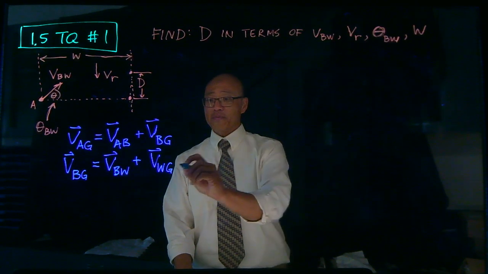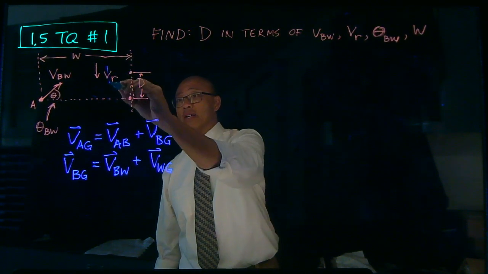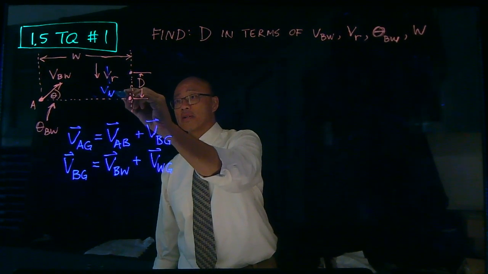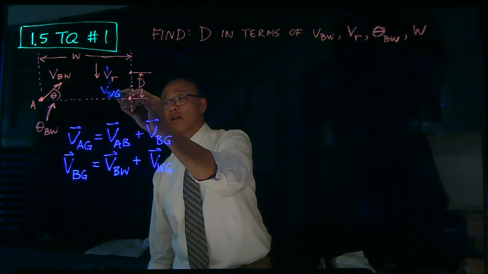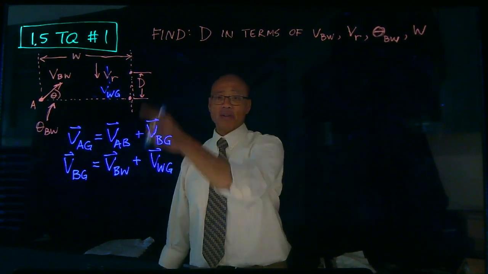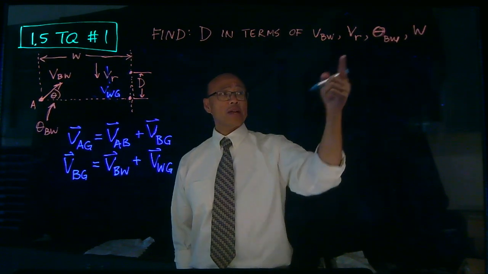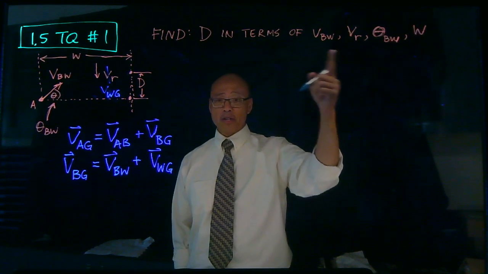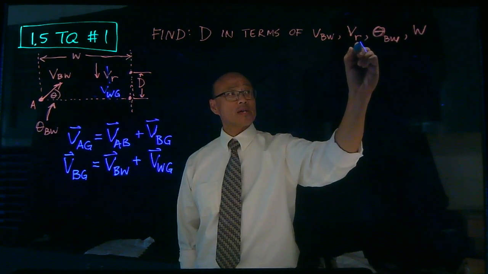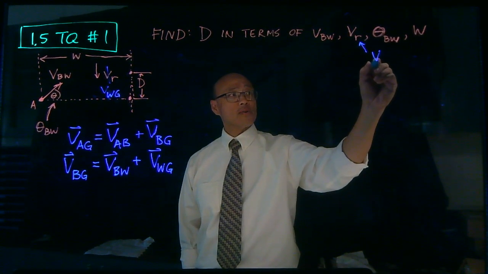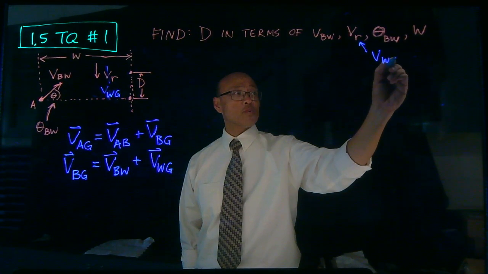So that VWG must be this VR. And notice that it's only flowing up and down, vertical. So this is the velocity of the water relative to the ground.